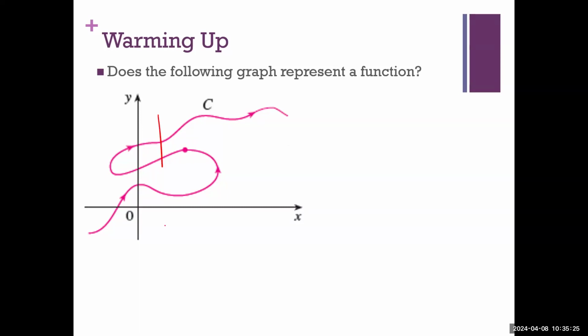I could draw a vertical line many places on here if it's actually vertical. There you go. So for that single x value, I have lots of y values, right? So we say y is not a function of x.